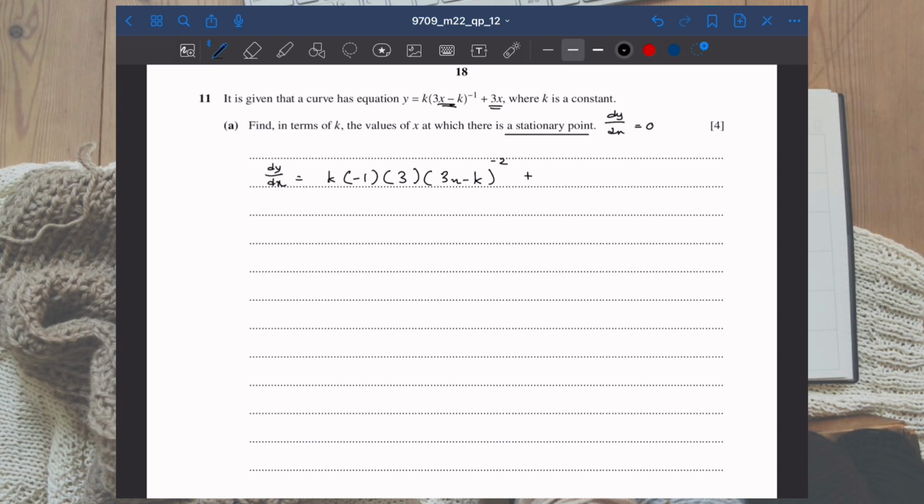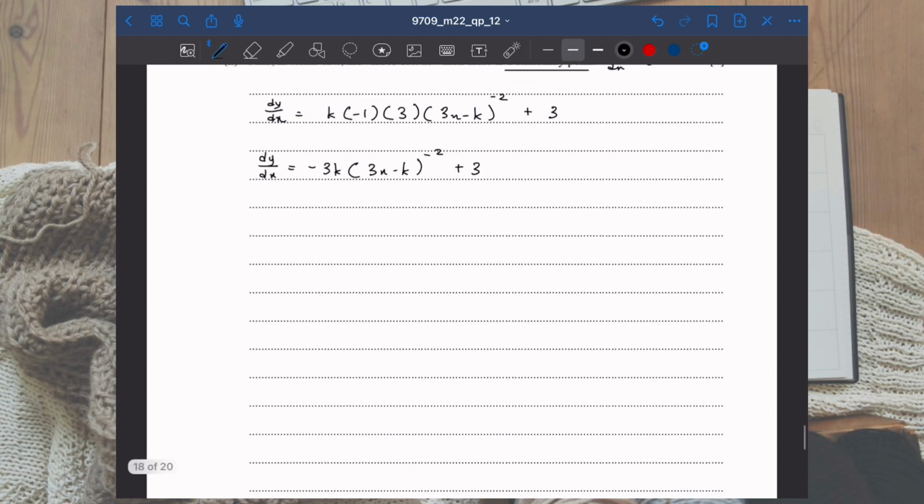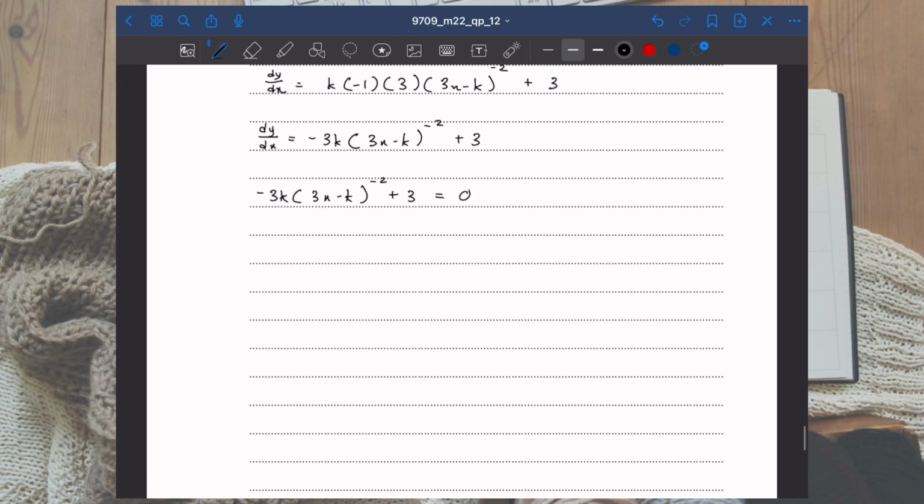And differentiating 3x will give us 3. So our dy dx will be negative 3k times 3x minus k power negative 2 plus 3. So since our dy dx is 0, negative 3k times 3x minus k power negative 2 plus 3 will equal 0.